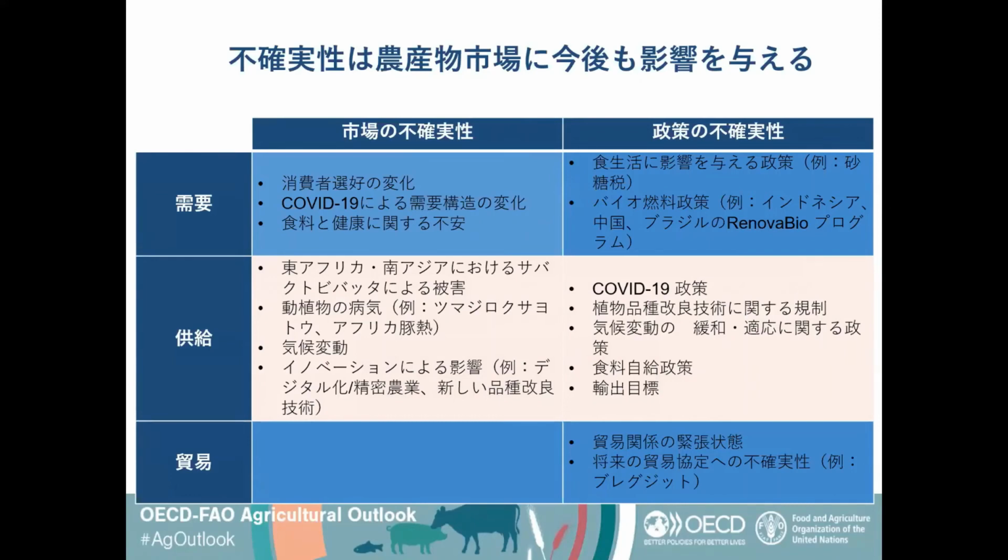You have the production side where lots of shocks can happen. You have very often disease outbreaks. You have the locust invasion in East Africa. Weather variations are coming in addition, extreme weather events.